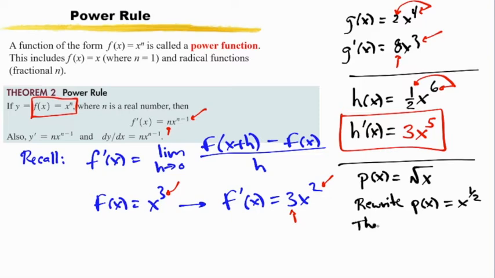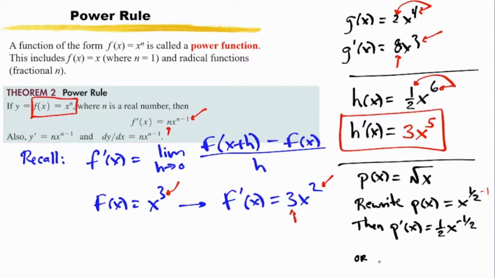Then for the derivative p prime of x, we would take 1/2 and multiply it by the coefficient. That would give us 1/2 x. And when you subtract 1 from 1/2, you get negative 1/2 in the exponent. And this is correct, but the answer might be expressed in a different way.